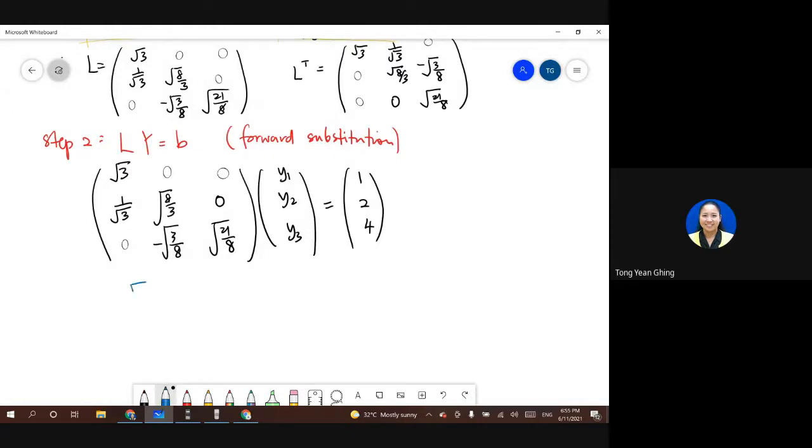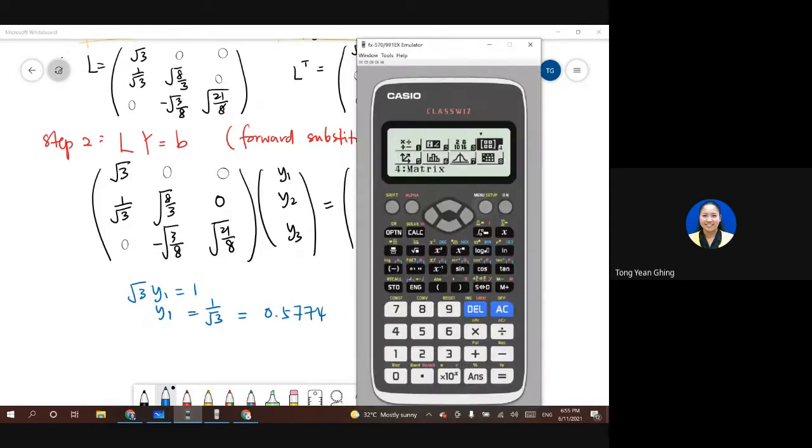We start with this one: y1 equals 1 over square root of 3, which is 0.5774. You can use a calculator to solve this equation. So we just use equation mode. Number of unknowns? 3 unknowns.